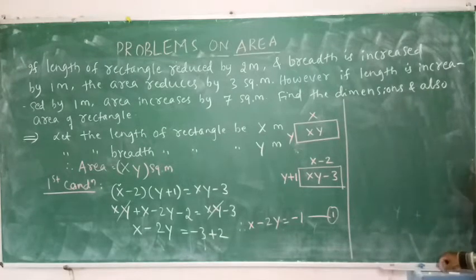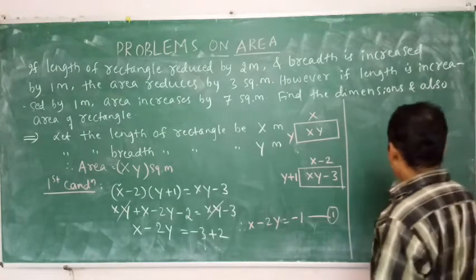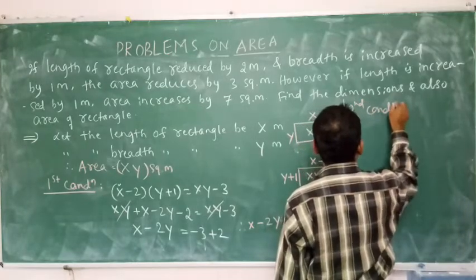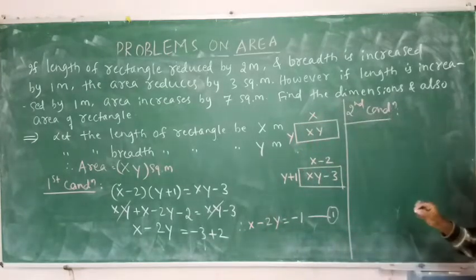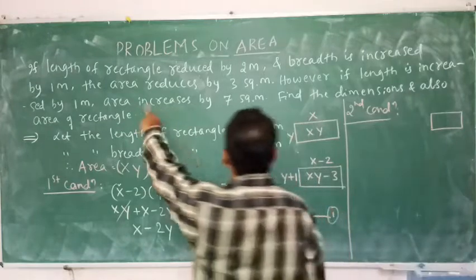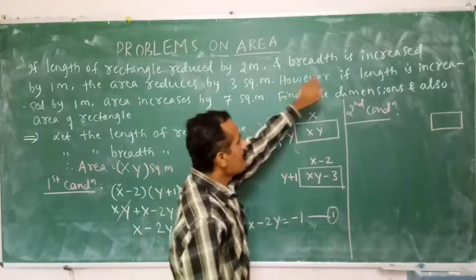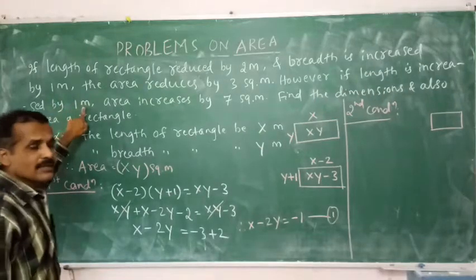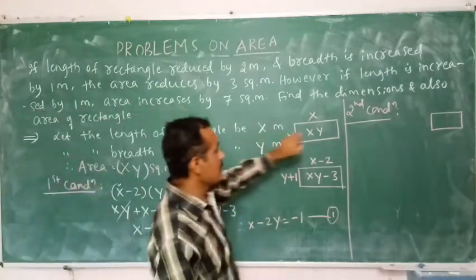Now, I should go for the second condition. I will write here second condition. But again, for the second condition, what do I need? I need a small figure. Let me read now from here. However, if length is increased by 1 meter, reference point is here.